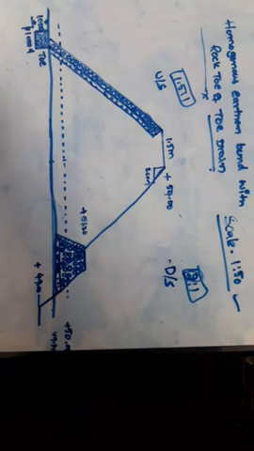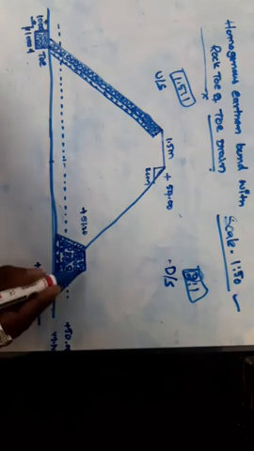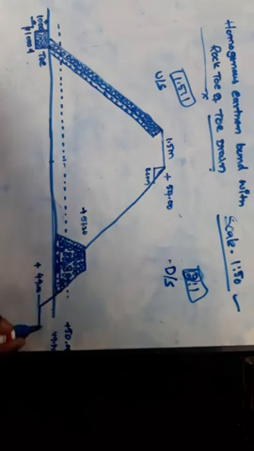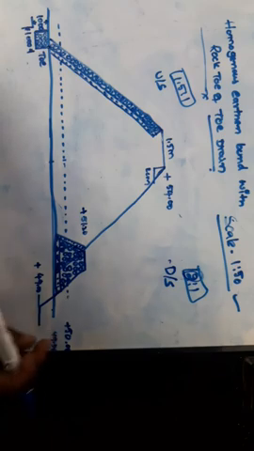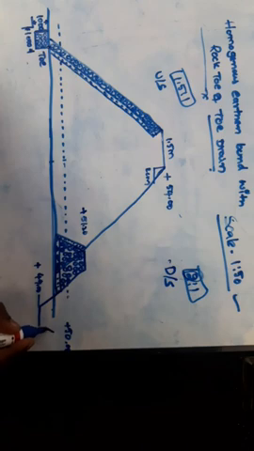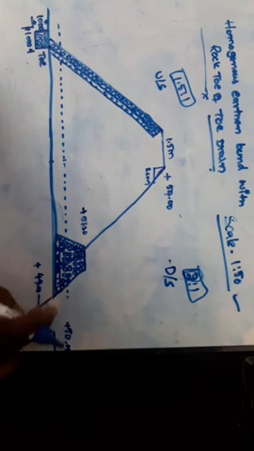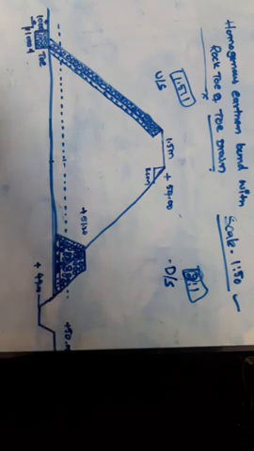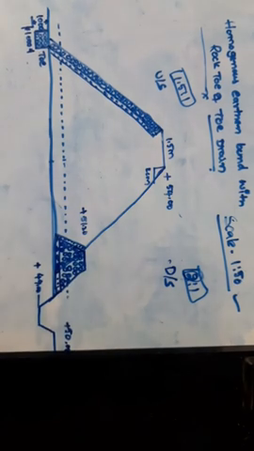The side slope of the drain is 1 is to 1. This is the continuation of the rock toe. After that, we have to draw this side slope. This is the toe drain.